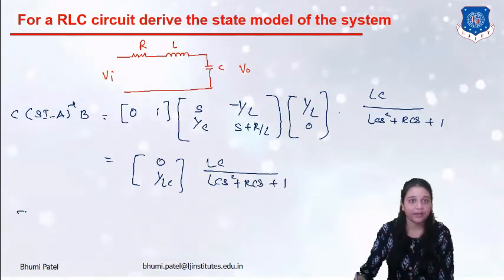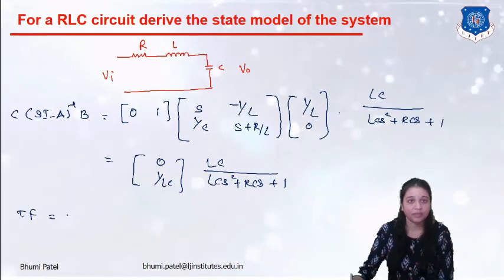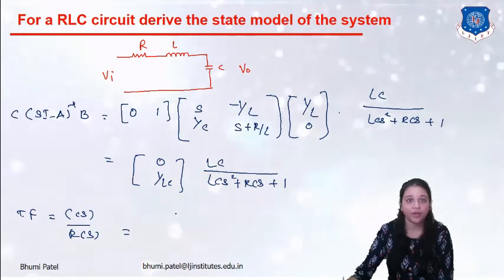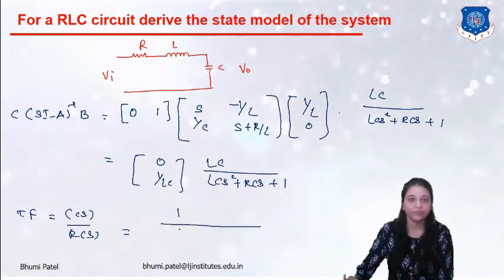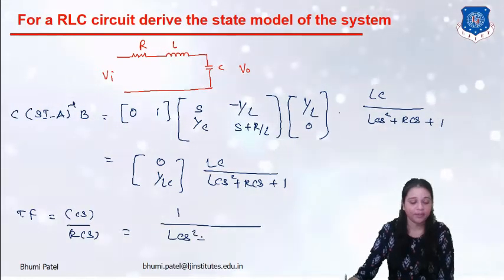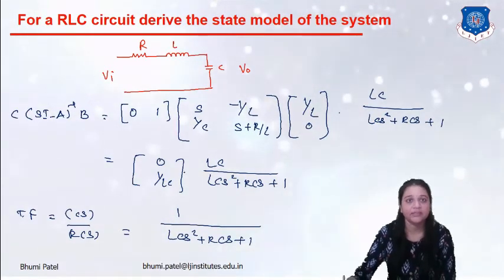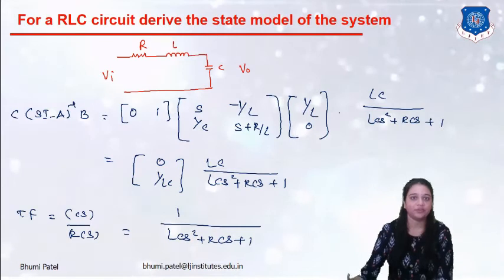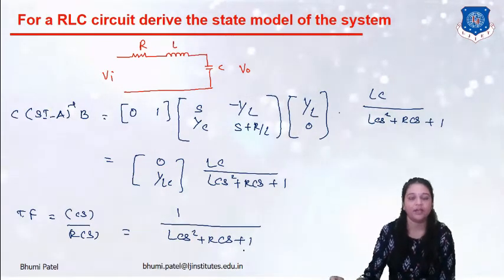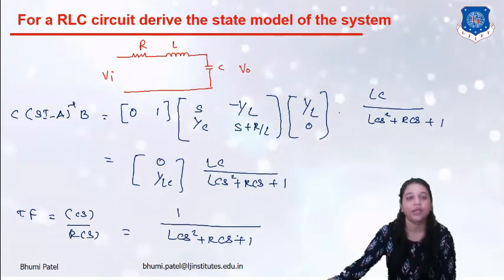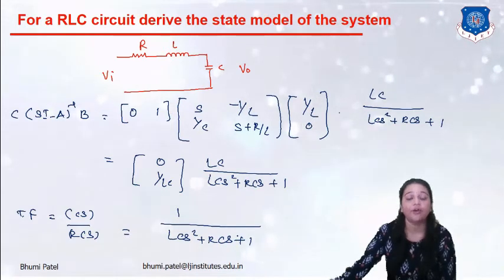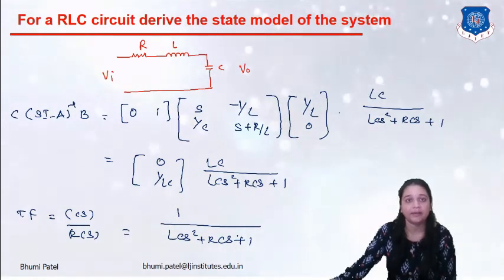So the final transfer function is nothing but C of S upon R of S is equal to 1 upon LCS square plus RCS plus 1. We can multiply 0 with this and 1 by LC with this. So we can get this type of transfer function. Okay, so this is the state model of this RLC electrical circuit.